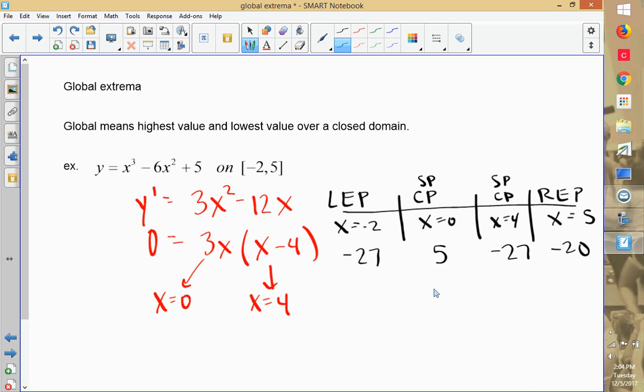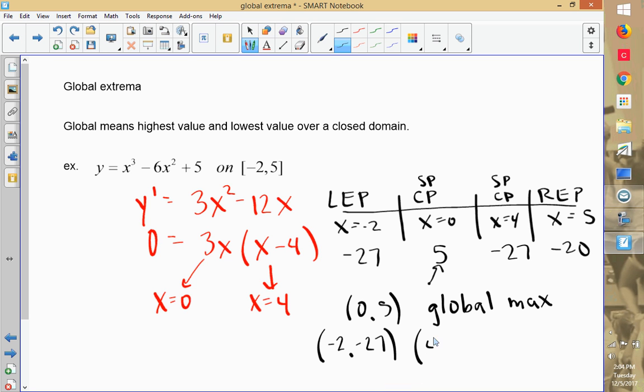So at x equals 0, our y value of 5 is the highest it's going to be. That's going to be your global max. And our global min happens at two places: at -2, -27, and at 4, -27.